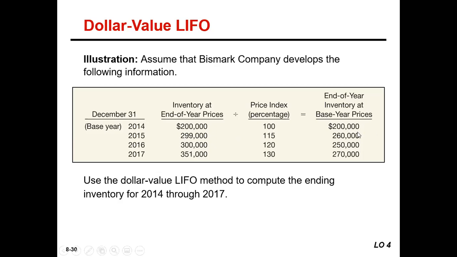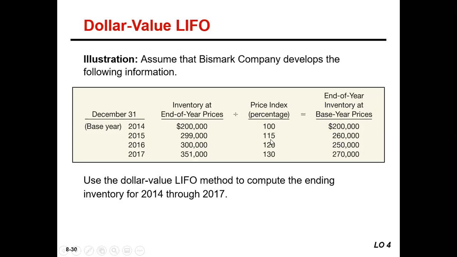Now 2015 prices have increased a little bit. So inventory at end of year prices would be worth 299,000 versus what the end of year inventory would be considering the base price. And so then it would only be 260,000 at the base price.